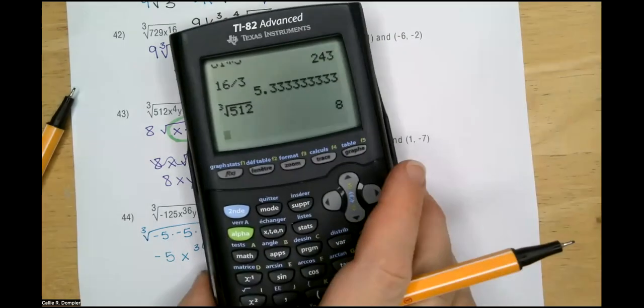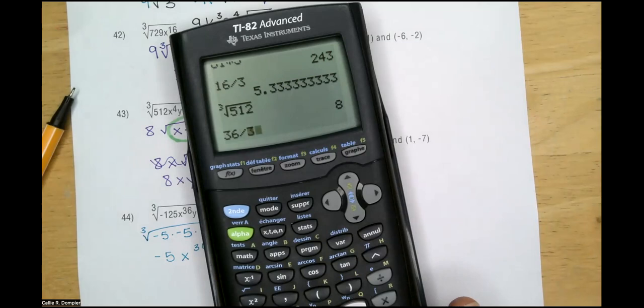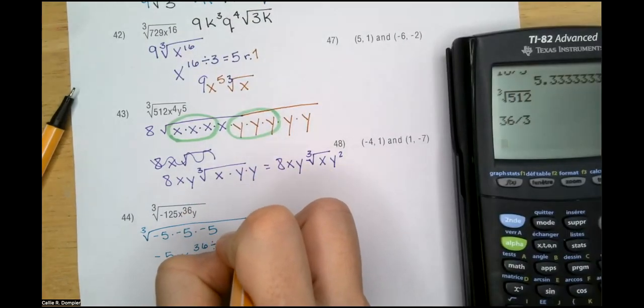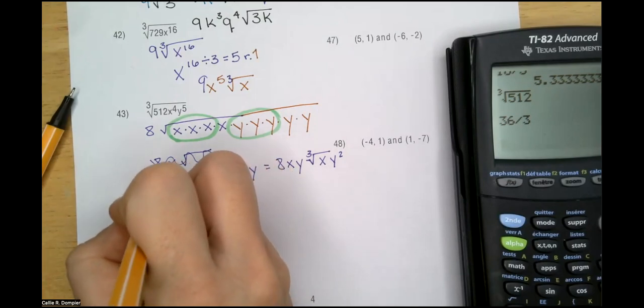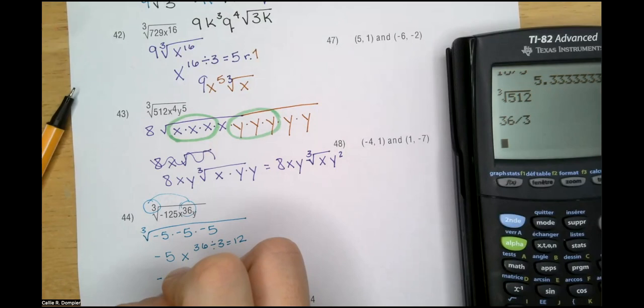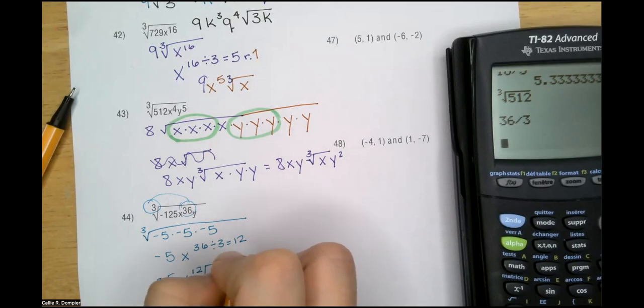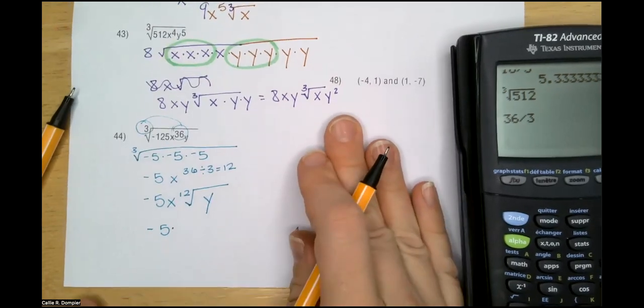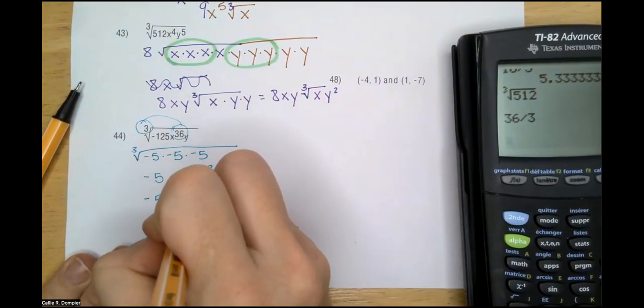So 36 divided by 3 is 12. And why did we say that it's 36 divided by 3? Because we said the exponent divided by the index. So it's -5 x to the 12th y. -5 x to the 12th.